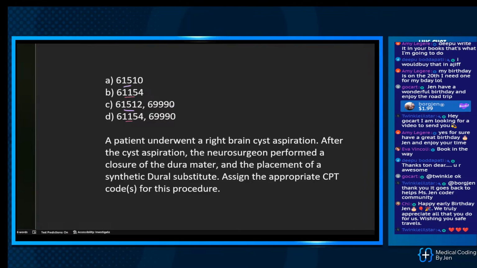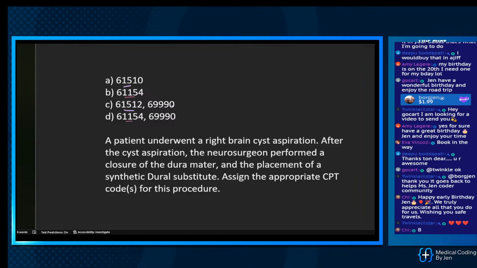So if we go look at our 611, our 611 is under what header? Well, that's our drill holes, right? And our 615s are under the craniotomies.